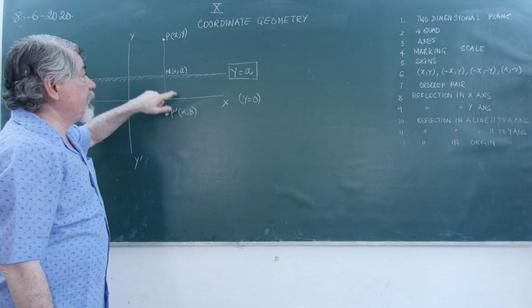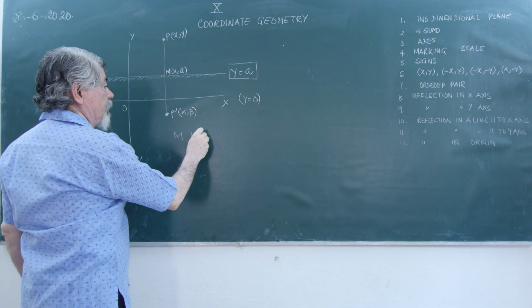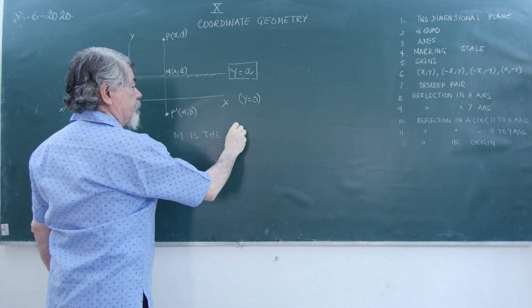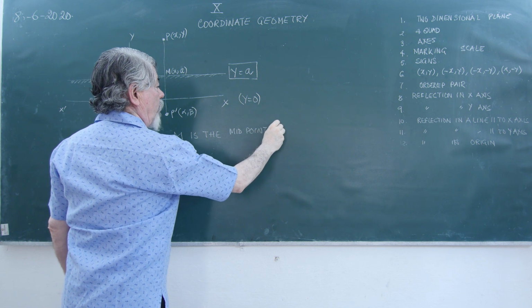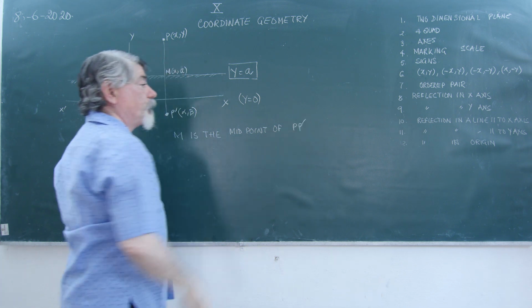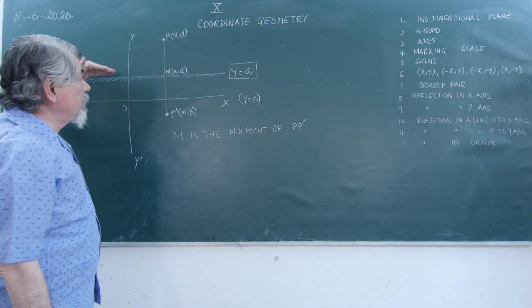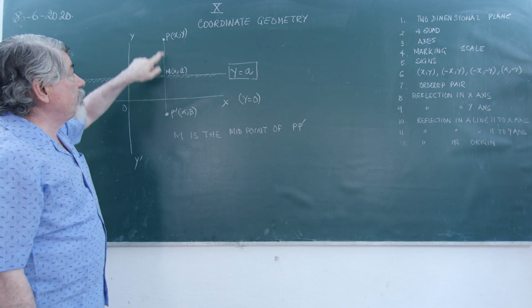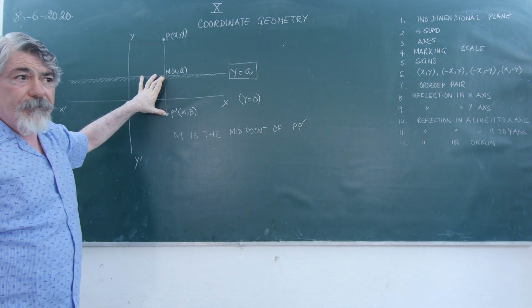M is the midpoint of PP dash. Why? Because we are reflecting P in the line y equals a, so the point which falls on this line will be the midpoint. That is why MP has to be equal to MP dash.